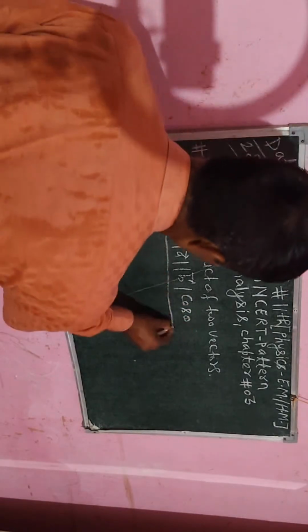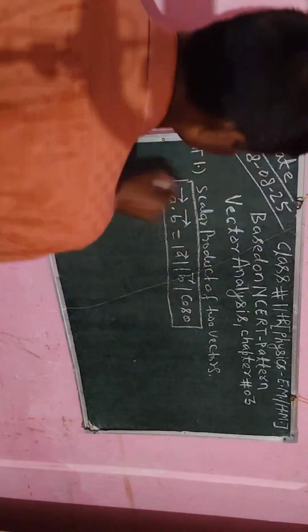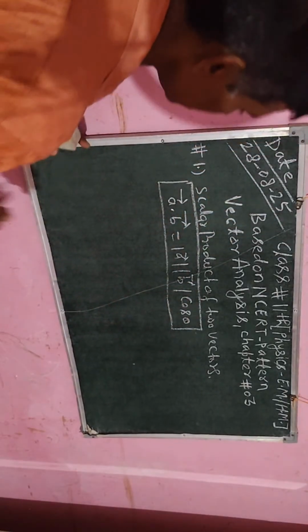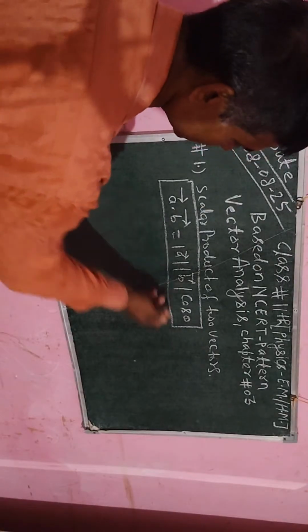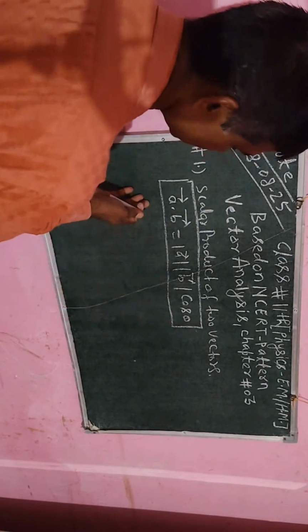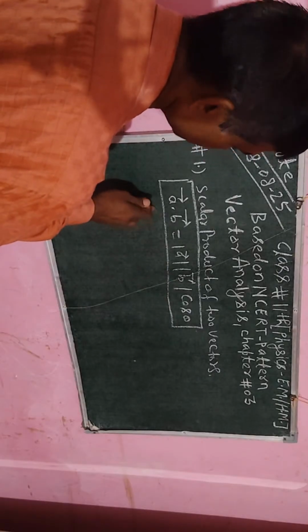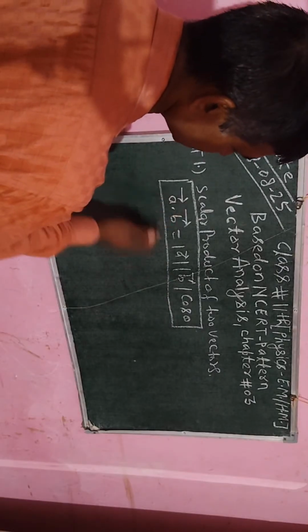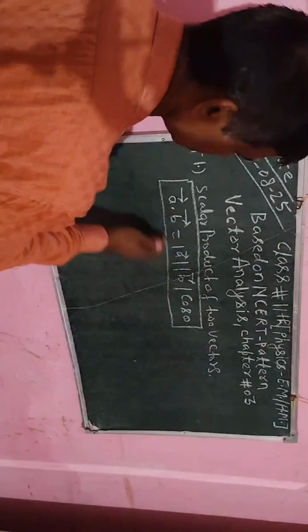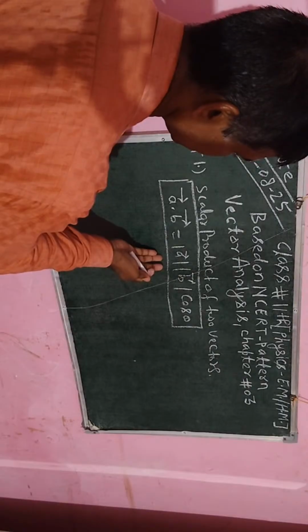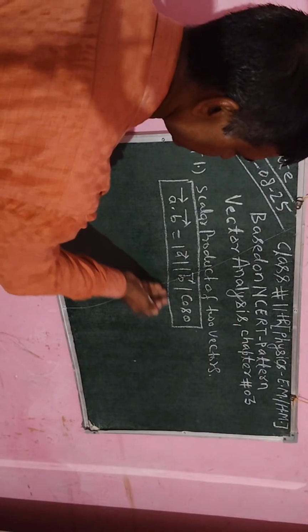This is the formula. One vector is A and the other vector is B, and the angle between these two vectors is theta. So the dot product of these two vectors is A dot B, which is equal to magnitude of A into magnitude of B into cos theta.